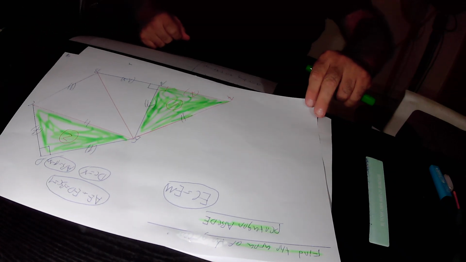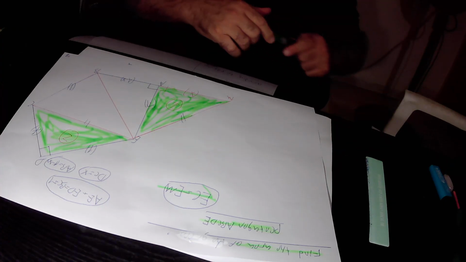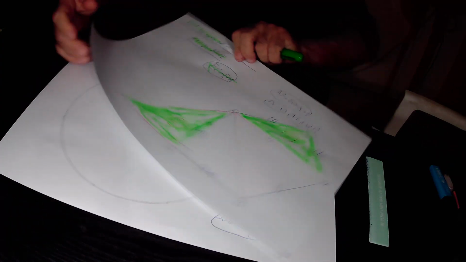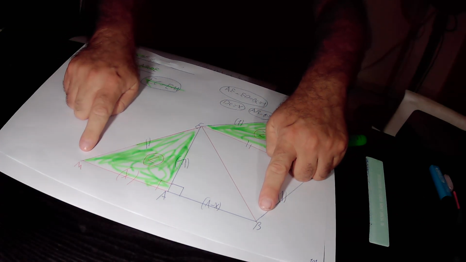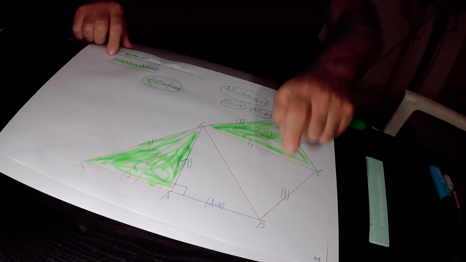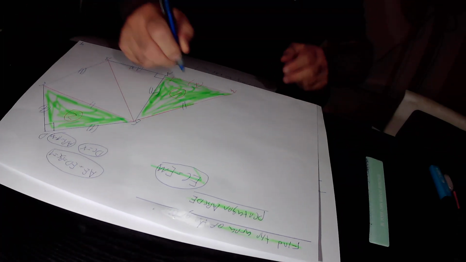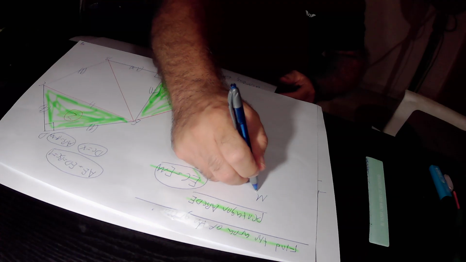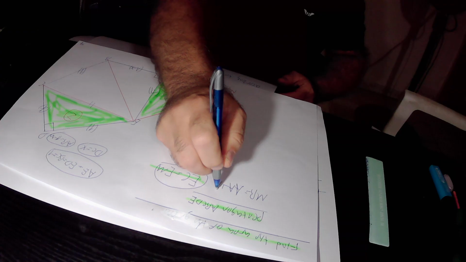In the next step, we find out the length of this line segment MB, or side MB. What is the length of line segment MB? MB equals MA plus AB.